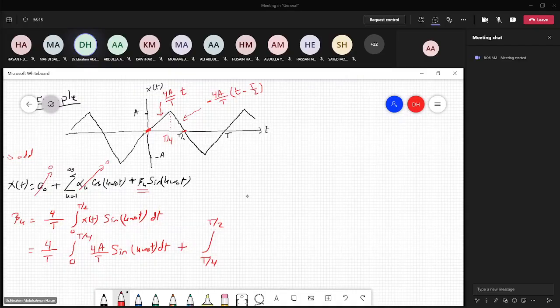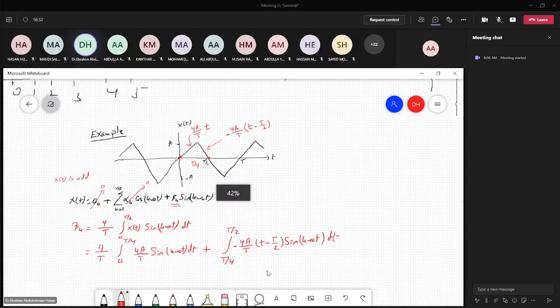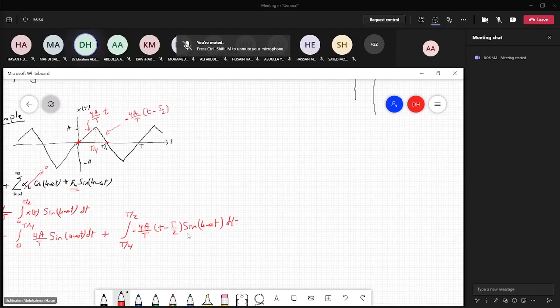So then here we have 4A over T, minus of t minus T over 2, multiplied by sine k omega naught t dt. Okay, then we need to continue with this one.